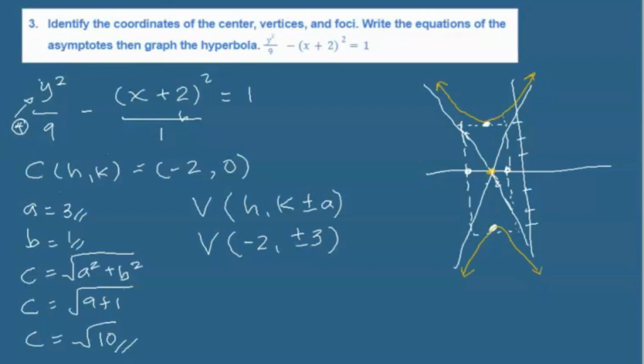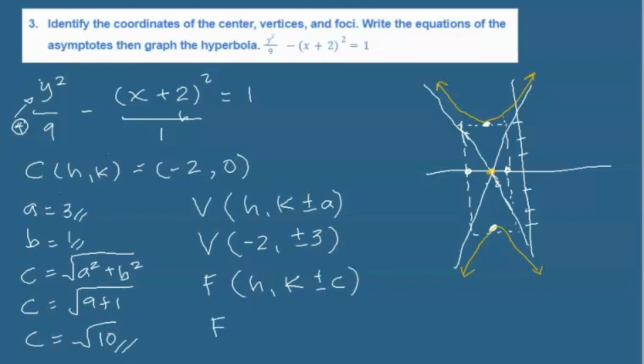Okay, now for our foci. The focus is inside each curve, so it's at (h, k plus or minus c).